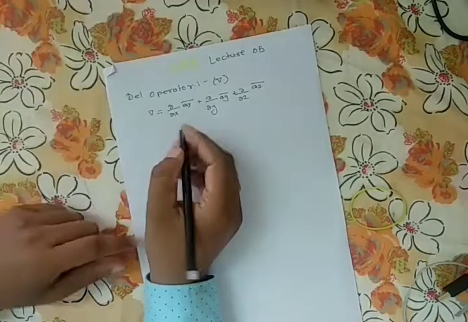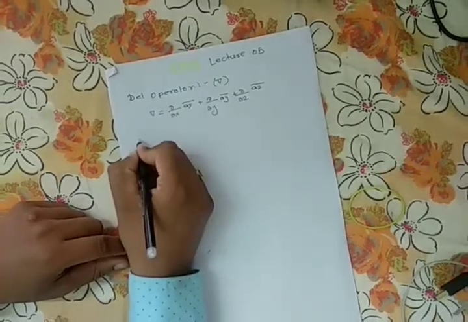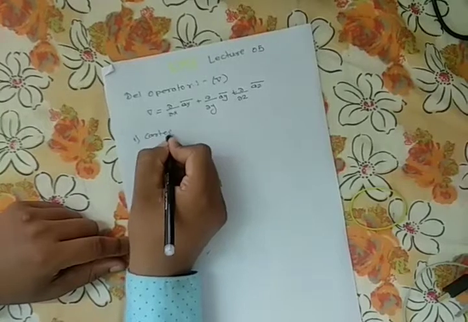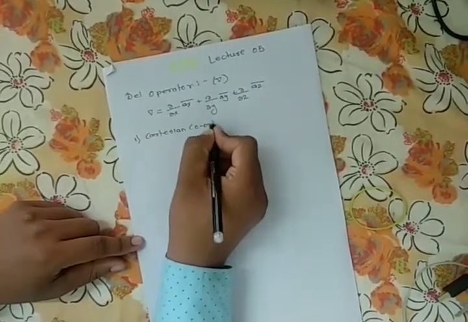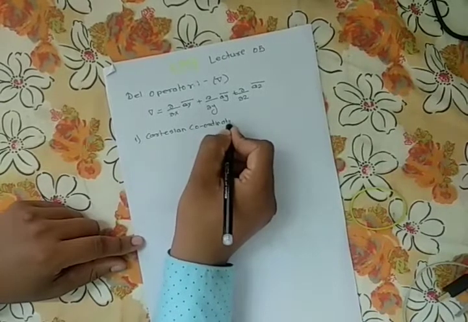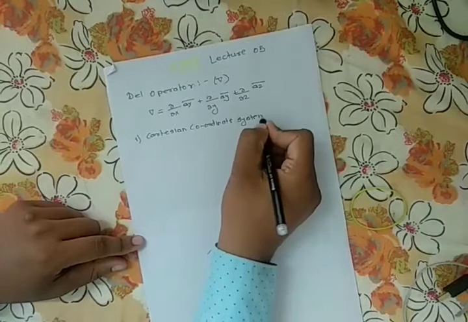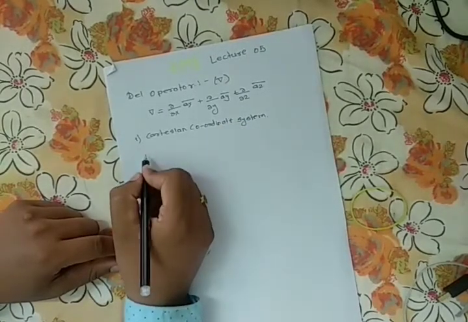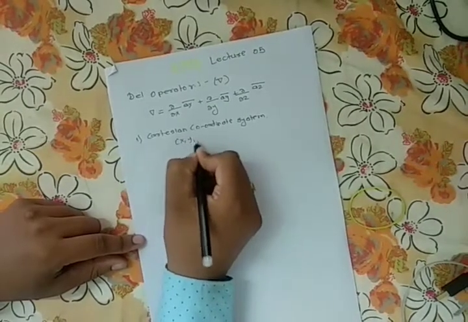Next is how to represent the gradient in the Cartesian coordinate system. So the del operator in the Cartesian coordinate system. Now in the Cartesian coordinate system, what were the parameters? x, y and z.